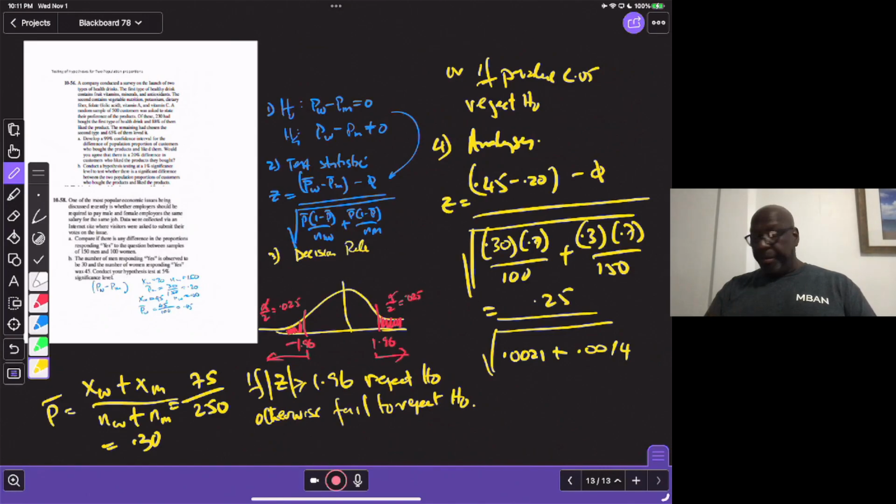And the square root of that is 0.0591. So Z is equal to 0.25 over 0.0592.